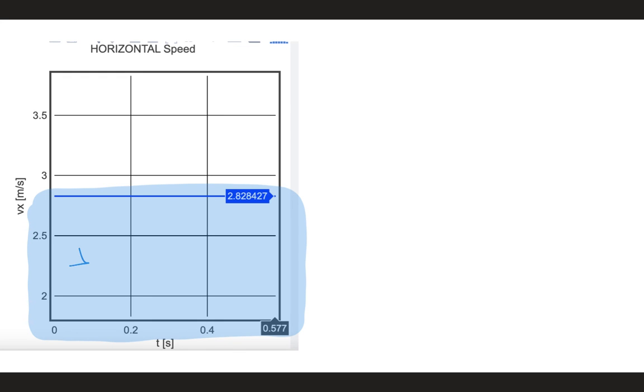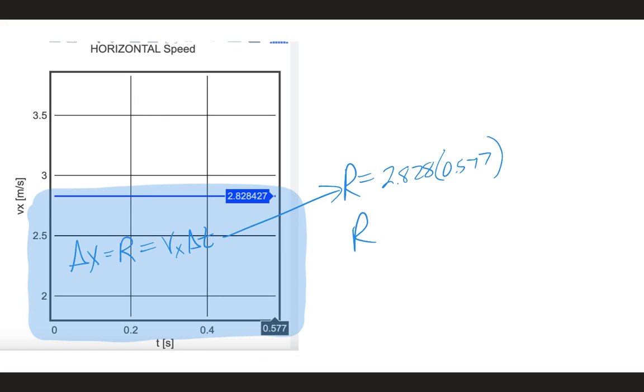So we know that our delta x, which is our range in this case, is going to be just Vx times delta t. Well, that means our range is going to be 2.828 times the 0.577, and that means the range is going to be, I think, 1.629 again. Yep.